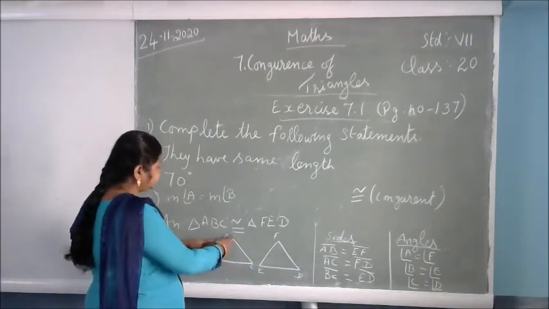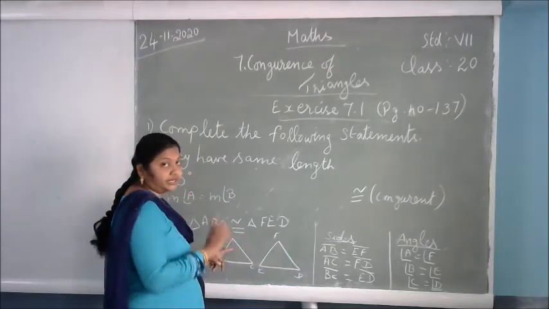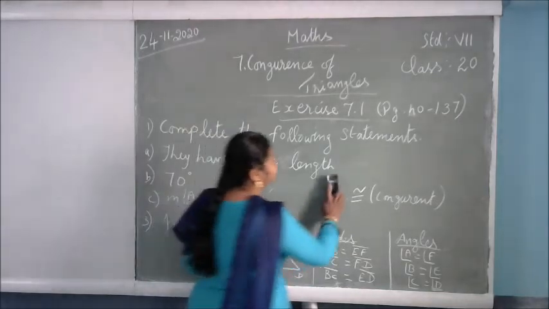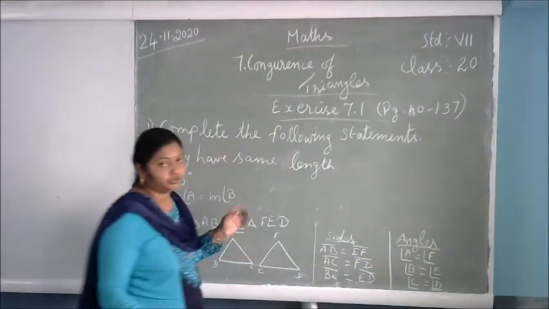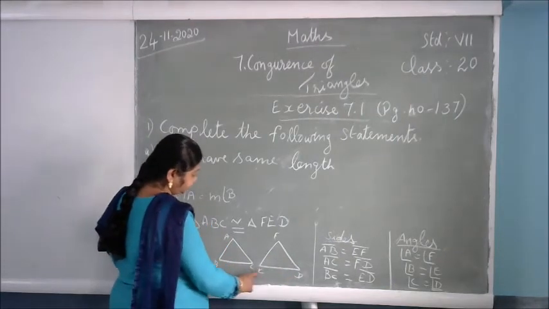Okay. Sides. These sides are equal. AB is equal to FE. Already I wrote it; I have given the example in the congruent definition. In that example I already wrote all this. And AC is equal to FD and BC is equal to ED.